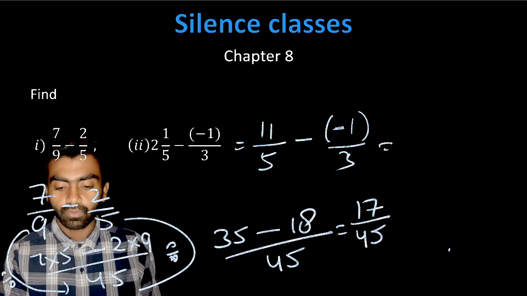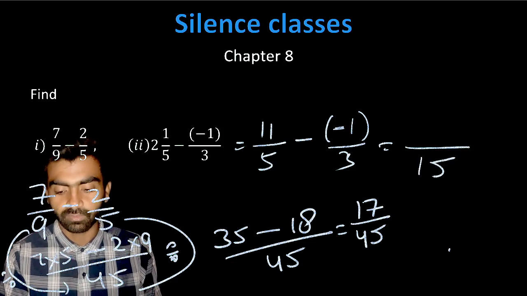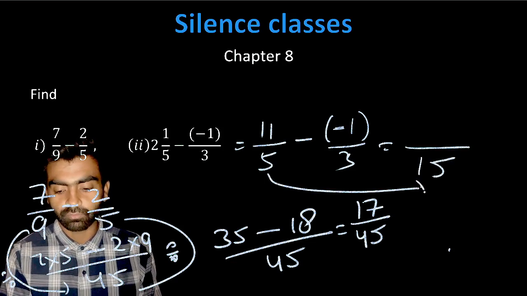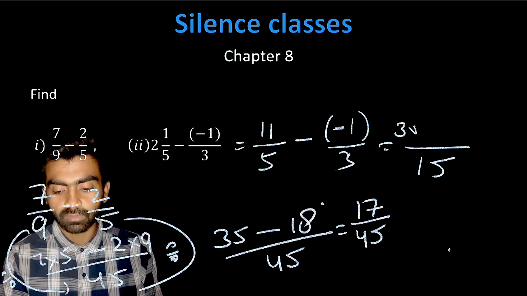We have to take the LCM. There is no such table in which 3 and 5 both come, so we can directly multiply. If we take out the LCM, 3 5s are 15, so 15 is the LCM. First we divide 15 by 5: 5 3s are 15, and 3 multiplied by 11. Then the minus sign will be there.